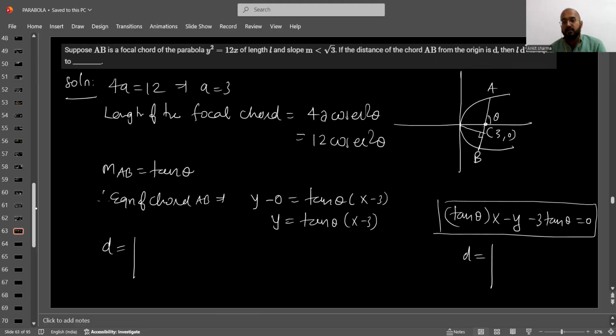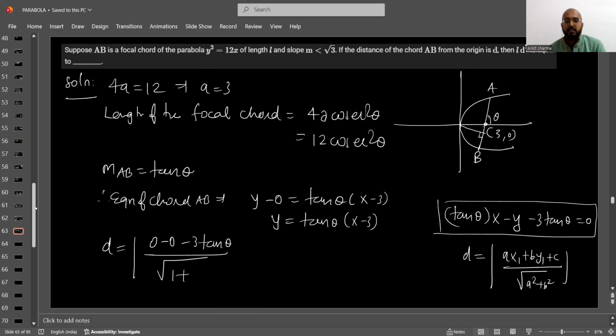D is equal to the absolute value of Ax1 plus By1 plus C over square root of A square plus B square. I can utilize this concept. This will give me 0 minus 3 tan theta over square root of 1 plus tan square theta.